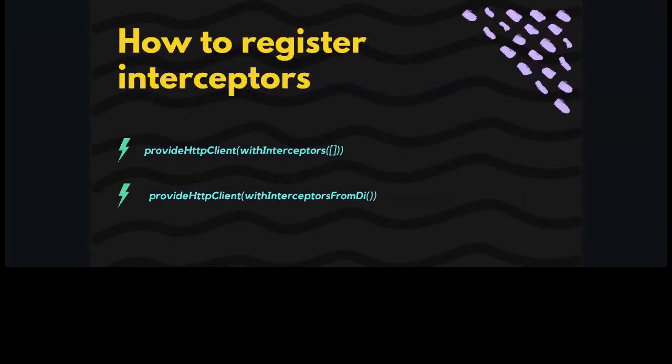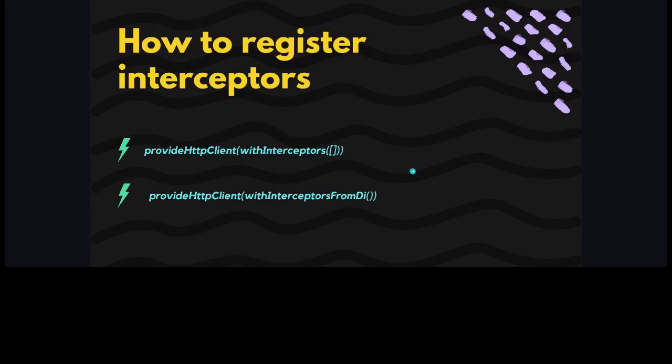How to register interceptors now? Quite easy. Just use the provideHttpClient function and use the withInterceptors helper function that takes an array of interceptor functions.